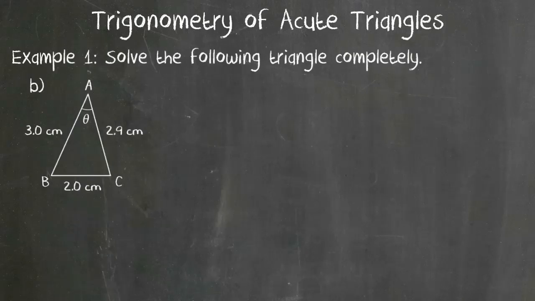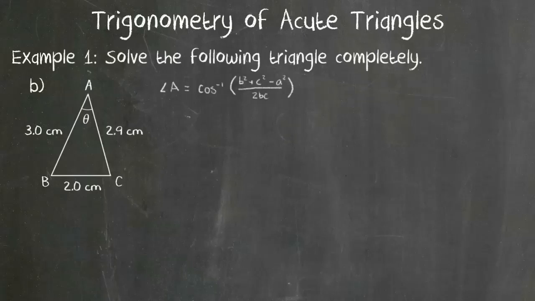In my second example, we're looking to find all three missing angles in triangle ABC. Given that I have all three sides, I know that I'm going to be using the cosine law in this example. To find angle A using the cosine law, I'll use the representation of the inverse cosine of b squared plus c squared minus a squared over 2bc, and close my bracket.